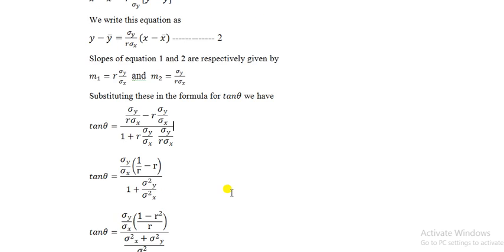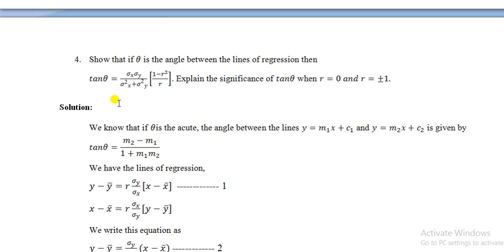So we get the standard result tan theta as sigma x sigma y by sigma square x plus sigma square y into bracket 1 minus r square divided by r.